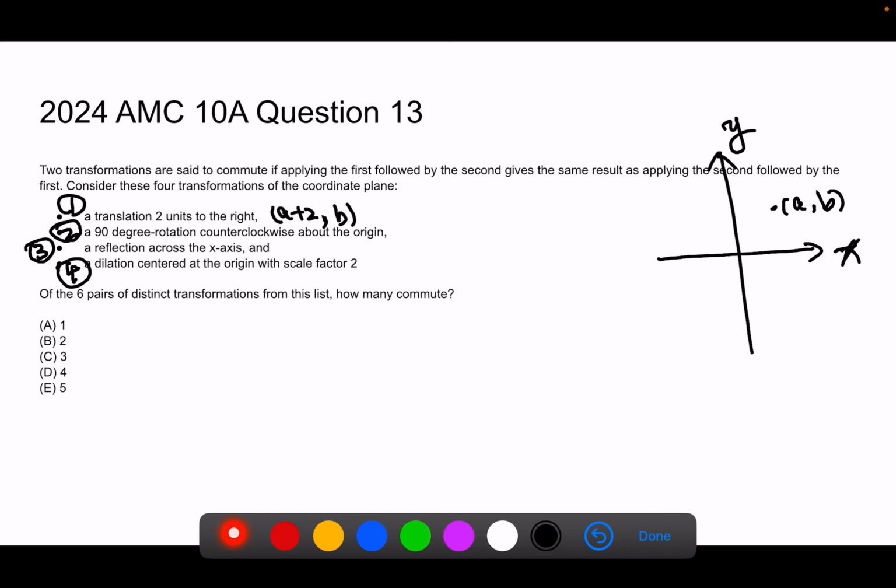Okay, the second one is a 90-degree rotation counterclockwise about the origin. That's where the picture helps. So if you are here, A, B, and you rotate counterclockwise by 90 degrees, you're going to be here.